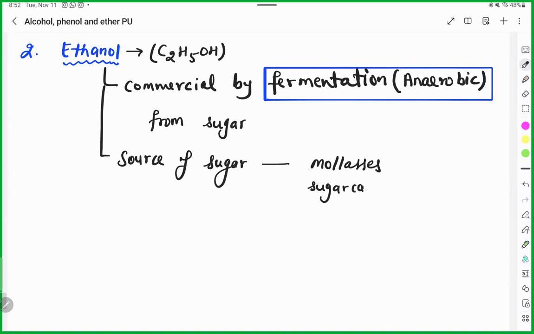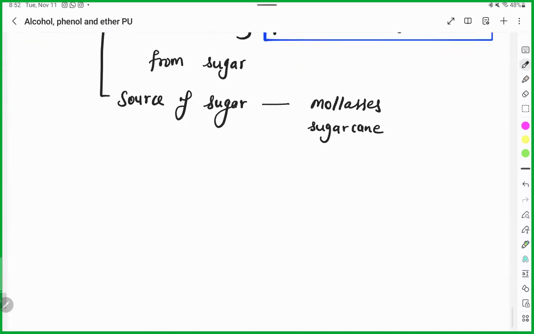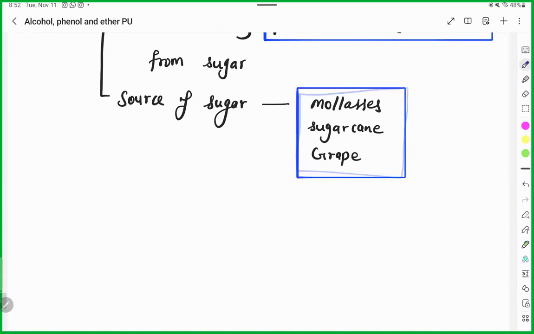Or it could be sugarcane as such. You must have heard the government saying that we are adding 20% ethanol in fuel. They are saying we are getting it from sugarcane, or even from grapes. What is the reason why we are using these?